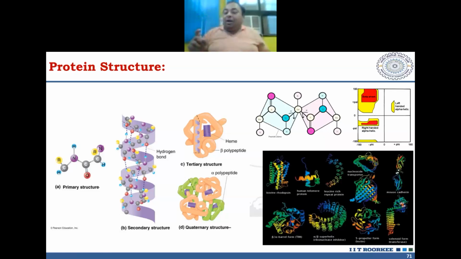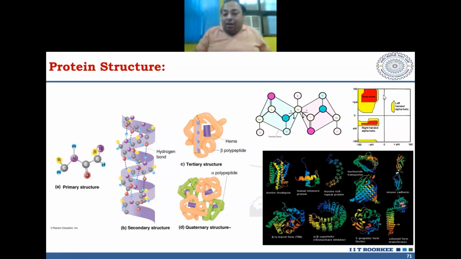And today we are sitting in the era of supercomputing. No scientists have come up with a better method to calculate this. This is called the Ramachandran plot.